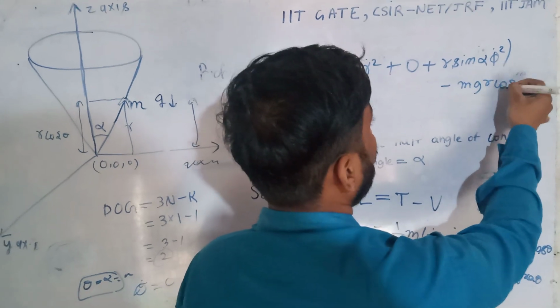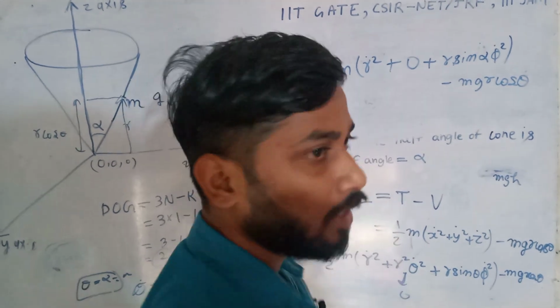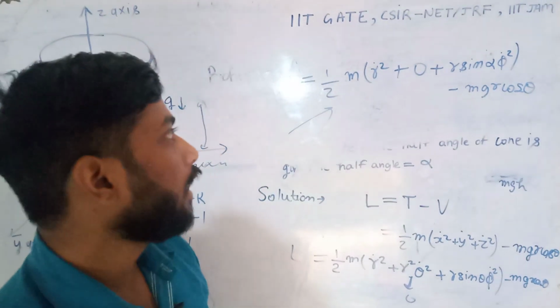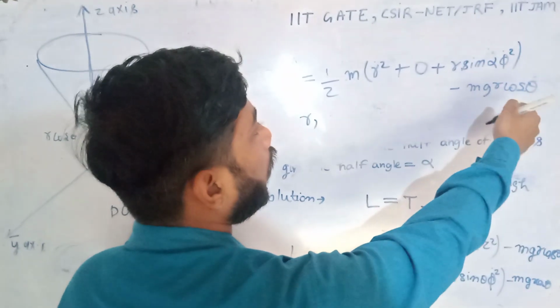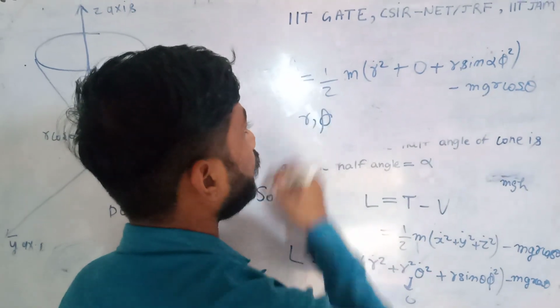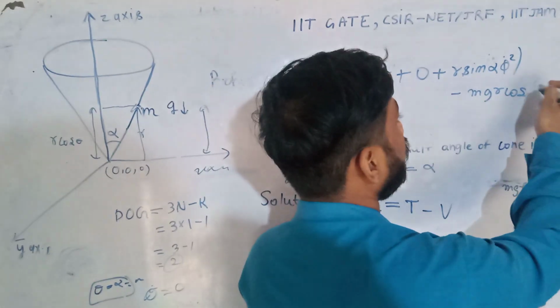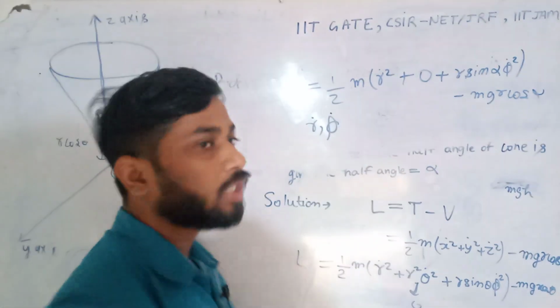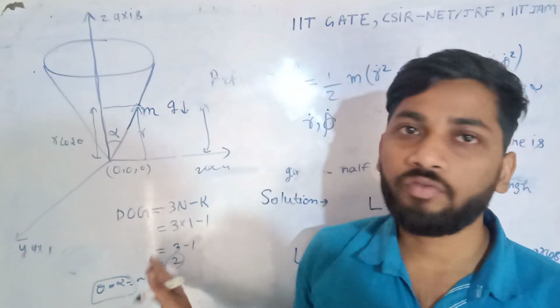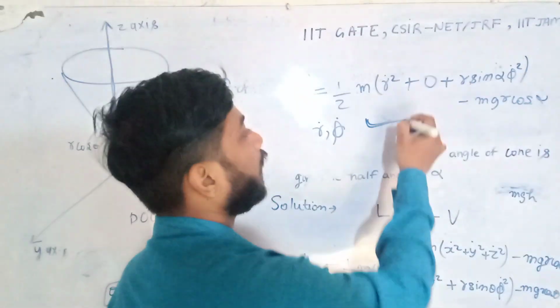So let us analyze this Lagrangian. In this Lagrangian there are only 2 generalized coordinates, which are r and phi, since theta is equal to alpha. The degree of freedom is also equal to 2, so this is our correct Lagrangian.